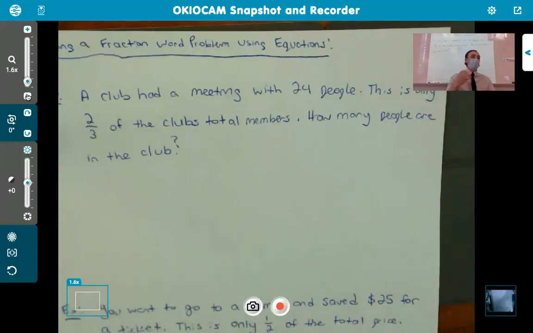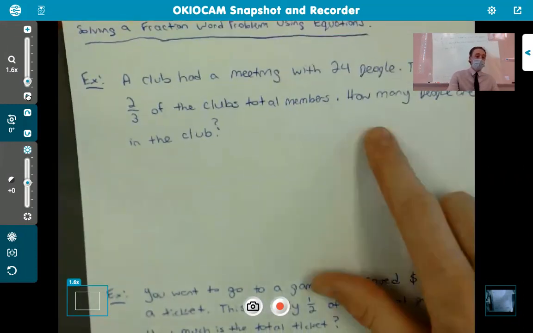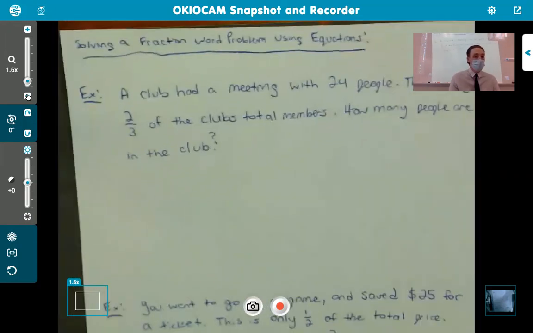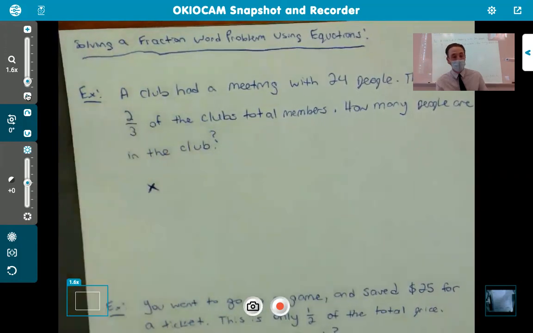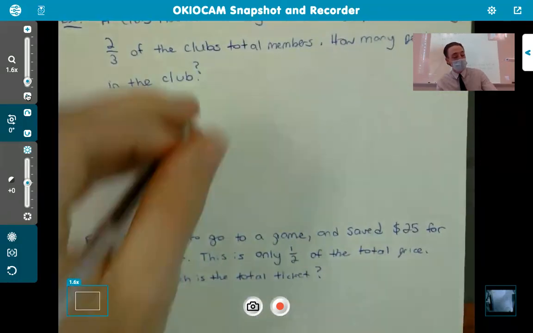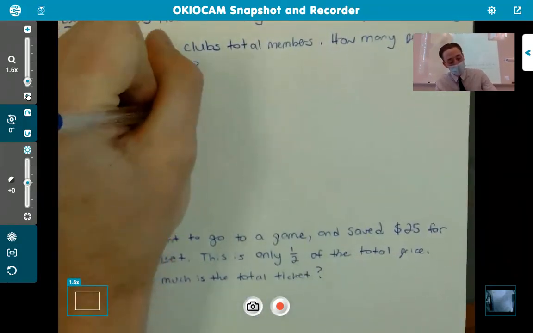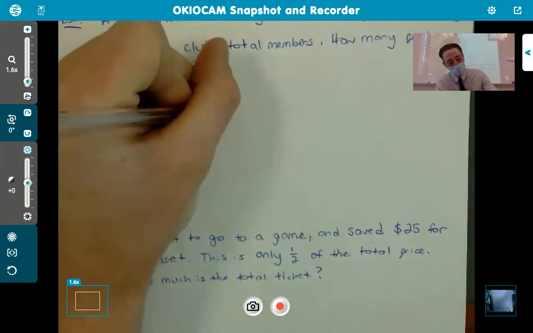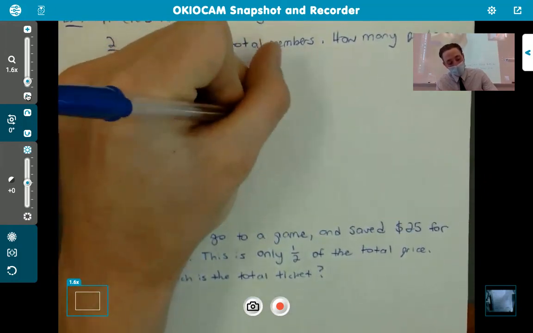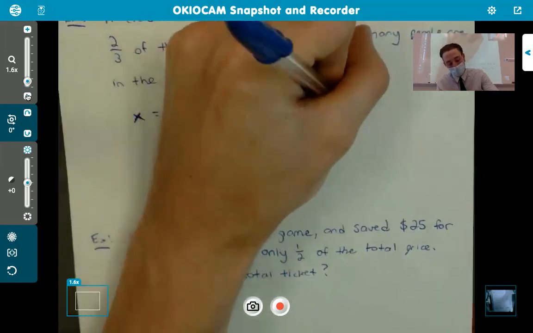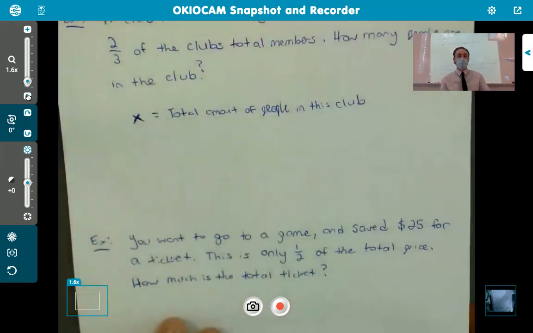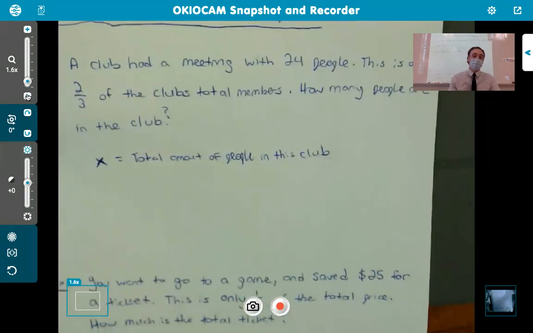Then make that the variable you're going to solve for, because that's what we do in equations. So in this example, it says, how many people are in the club? I'm going to make X my variable. X is equal to the total amount of people in this club. So I know specifically what I am solving for.